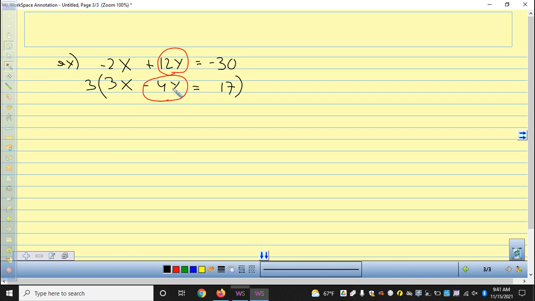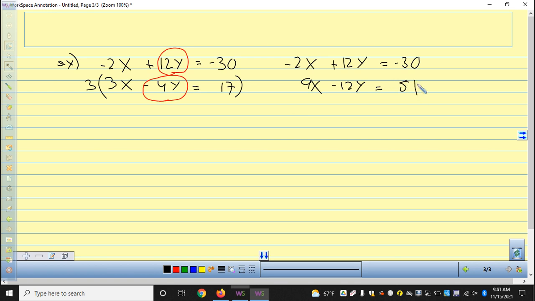And when I do that, I make this into a negative 12y. So my equations then are negative 2x plus 12y equals negative 30. And I'm going to distribute everything here. 9x minus 12y equals 3 times 17 is 51.